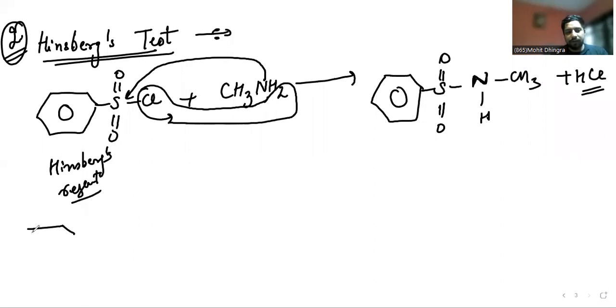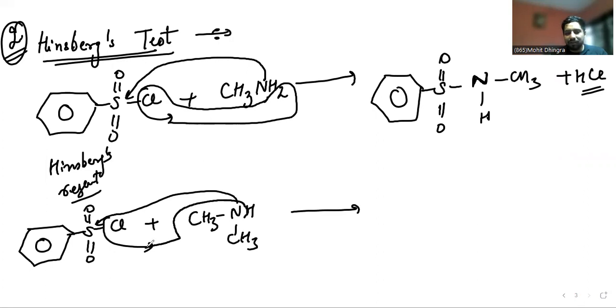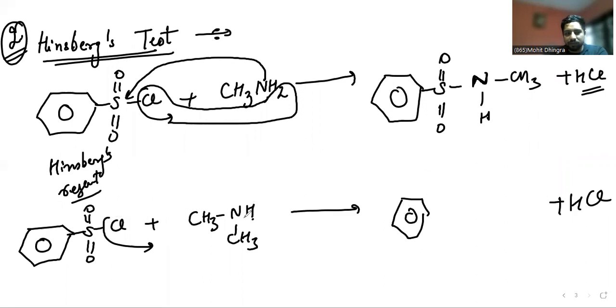And in case of secondary, what happens? The same mechanism it follows in case of secondary amines also. Suppose we have CH3, NH, and CH3. This is the secondary amine. Then again nitrogen will attack on this sulfur. This chlorine will be removed, and this chlorine along with this hydrogen will be removed as HCl.